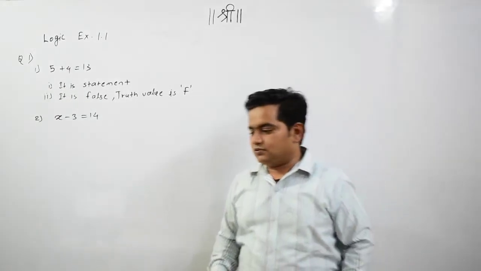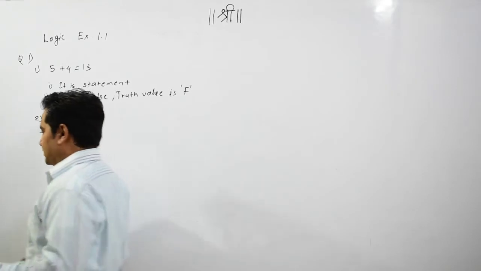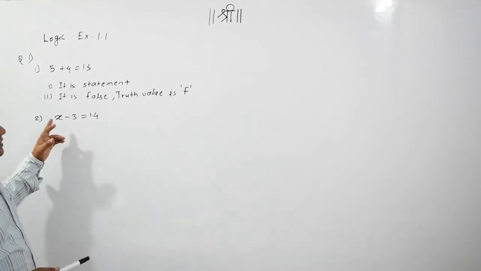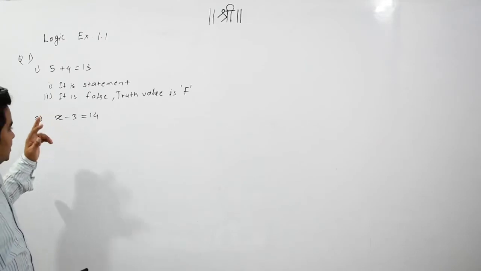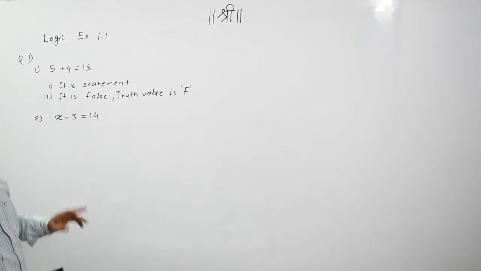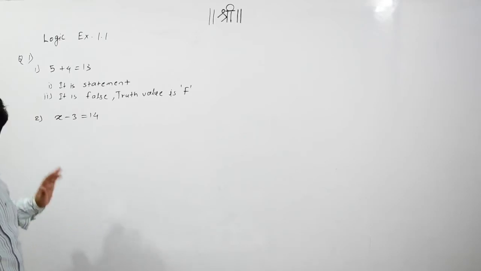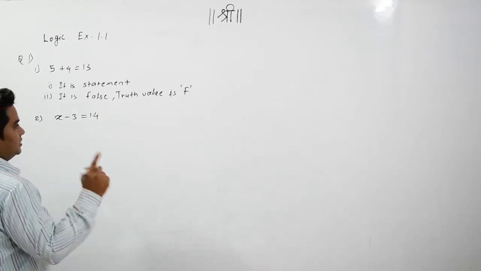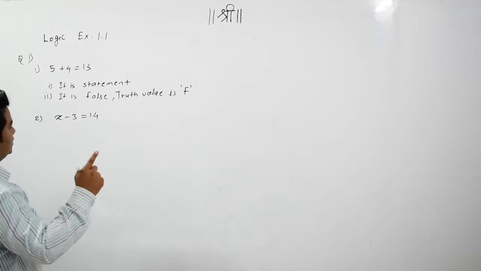It should be a statement if x is defined. Here x is not defined, therefore this is not a statement. Understood? x should be defined, then only it can be a statement.